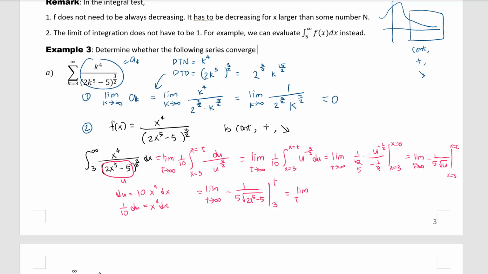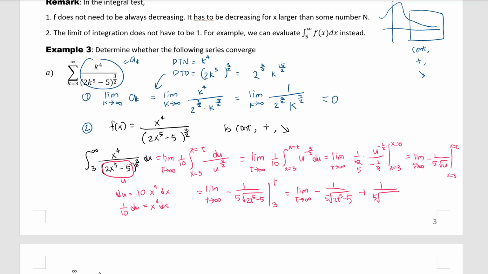So we plug in t first. We plug in t: 1 over 5 times the square root of 2t to the 5th minus 5. Then we subtract, and negative becomes plus, plugging in 3.